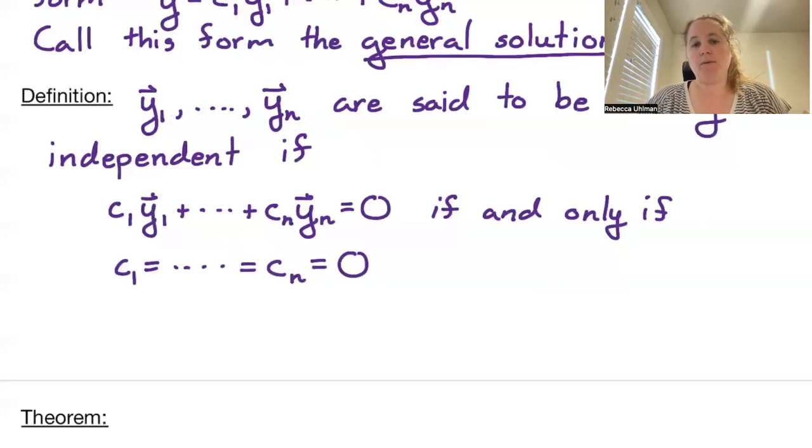Otherwise, we would have multiple ways to get 0, multiple ways to get the same solution, and they would be linearly dependent. Again, this should look familiar. It's the same as our linear algebra definitions.